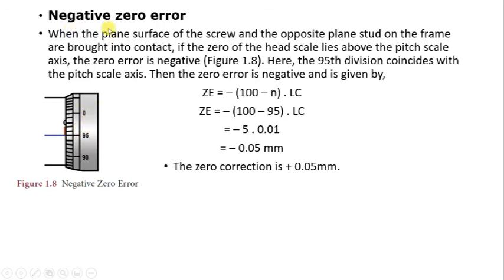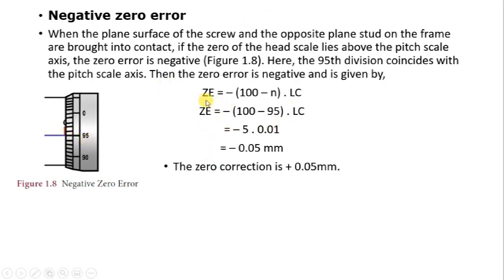That means it is negative error. Which division is coinciding with the axis of the pitch scale? The division 95 of the head scale coincides with the axis.